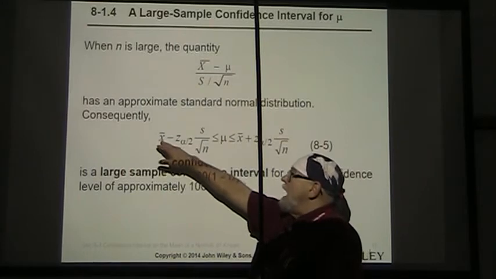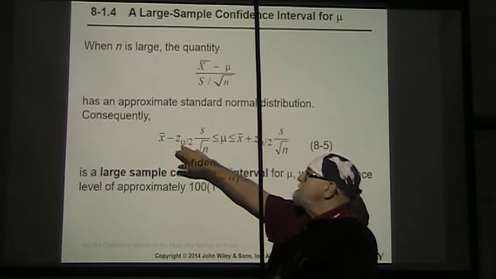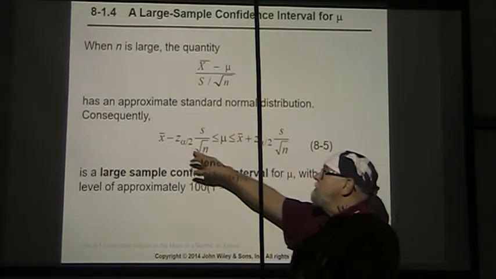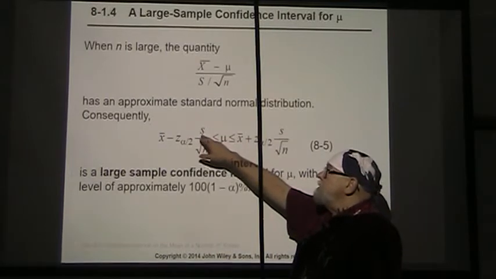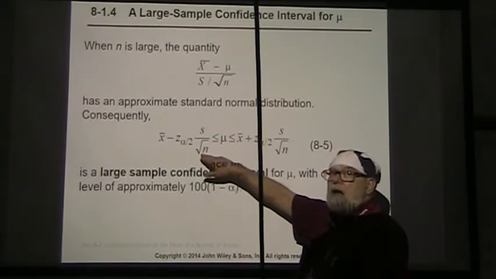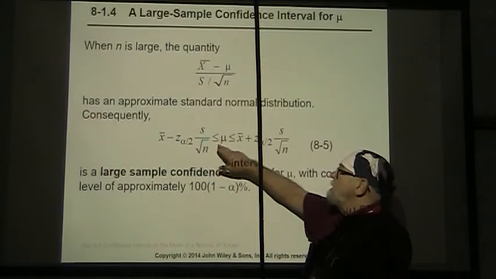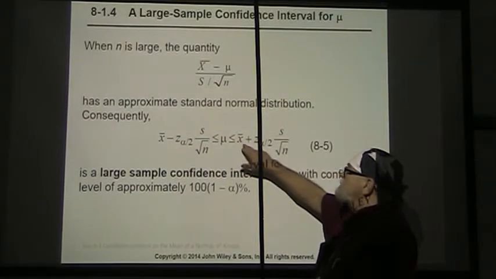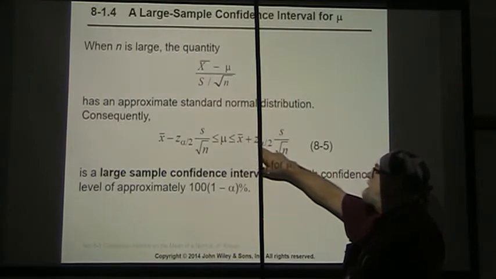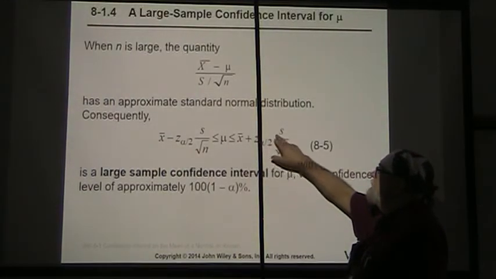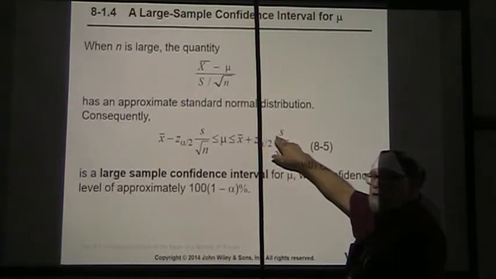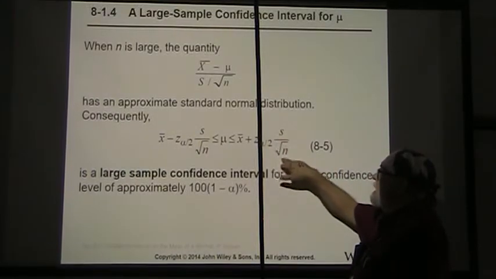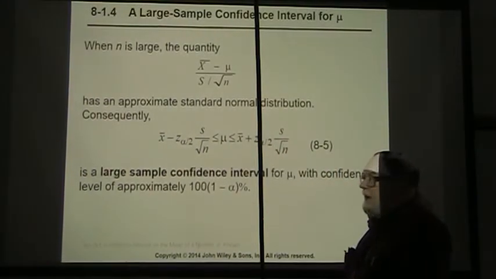Consequently, x bar minus z alpha divided by 2 times sample standard deviation divided by square root of n is less than or equal to mu, less than or equal to x bar plus z alpha divided by 2 times sample standard deviation divided by the square root of n.